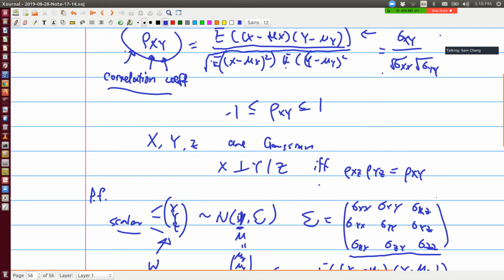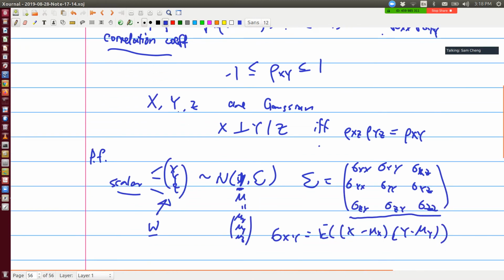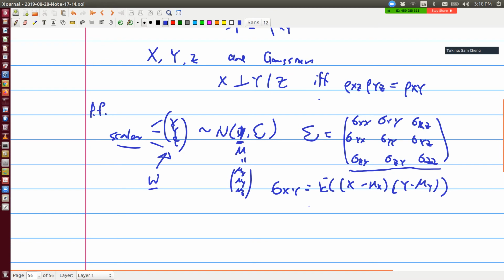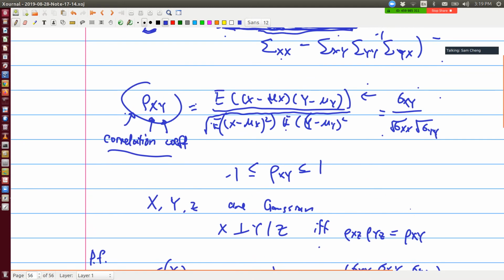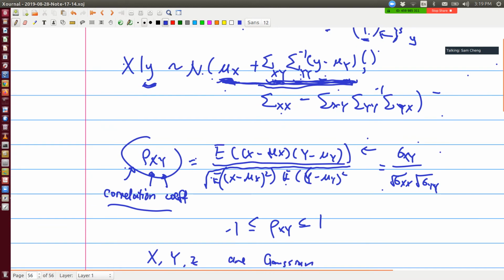But if we look at our definition of the correlation coefficient, I can also write sigma xy as the square root of sigma xx sigma yy times rho xy.